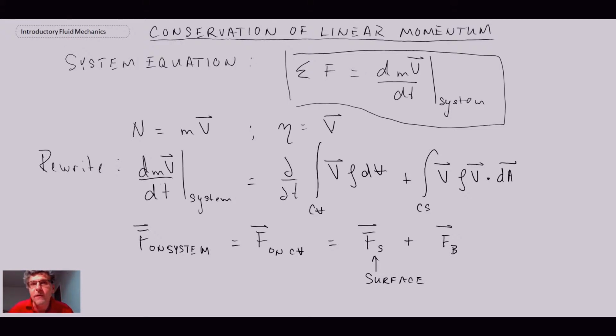So surface forces would be things such as pressure or viscous shear, and body force would be gravity for one. You could have electromagnetics.